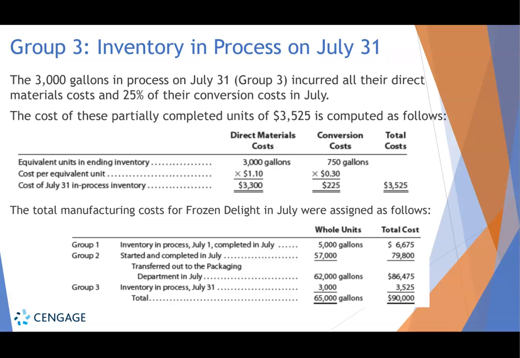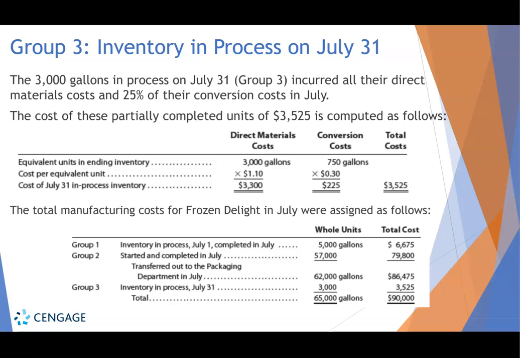$3,525. And how we figure that is we know all 3,000 gallons had all the direct materials added. But since only 25% of the conversion cost happened in July, we've come up with the percentage of whole gallons that were completed. So 25% of the 3,000 gallons is 750 gallons times the conversion cost of 30 cents gives our conversion cost of $225.